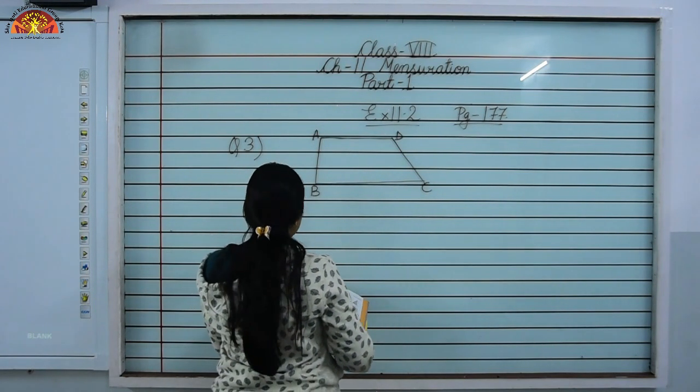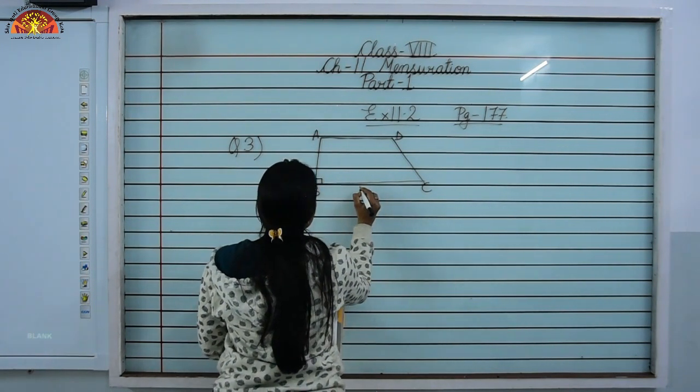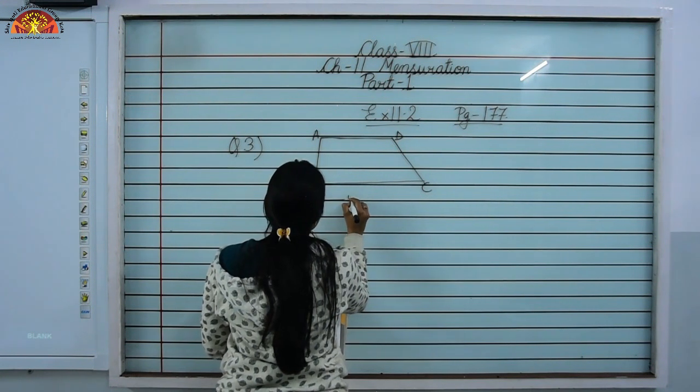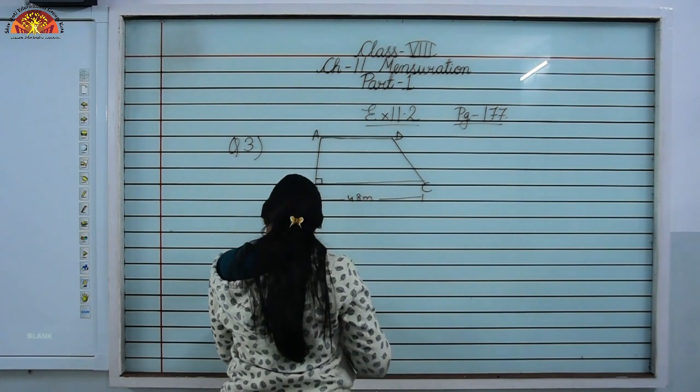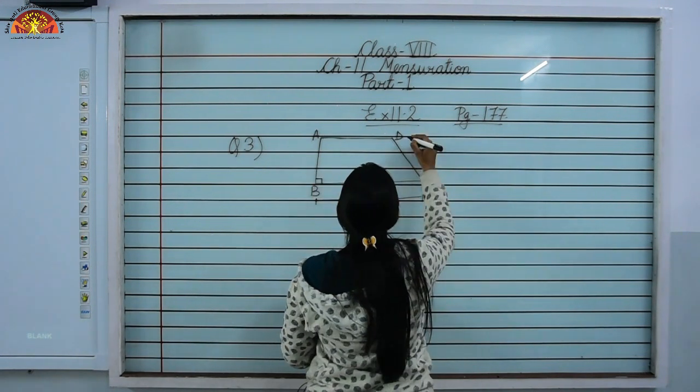BC is equal to 48 meters. Then CD is equal to 17 meters.